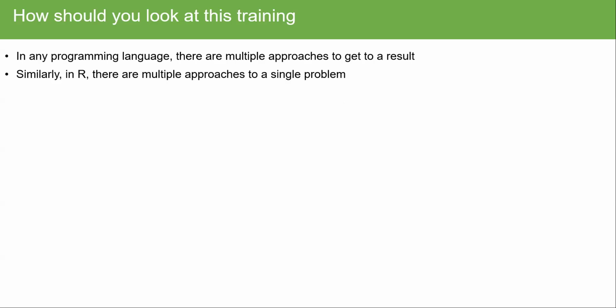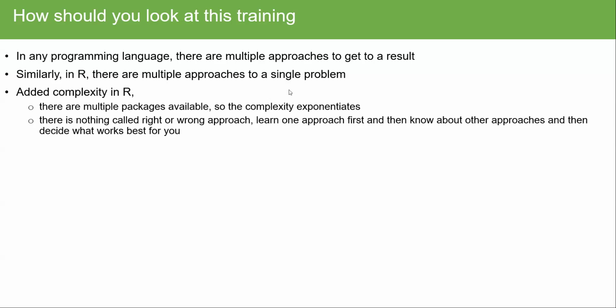In any programming language, there are multiple approaches to get to a result. Similarly, in R, there are multiple approaches to a single problem. Added complexity in R is that there are multiple packages available, so the complexity exponentiates. Each package may have multiple solutions to a single problem.